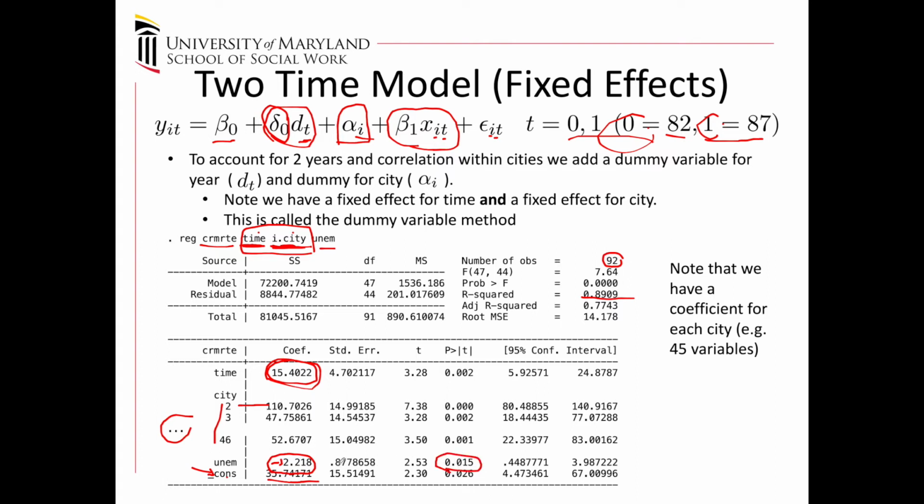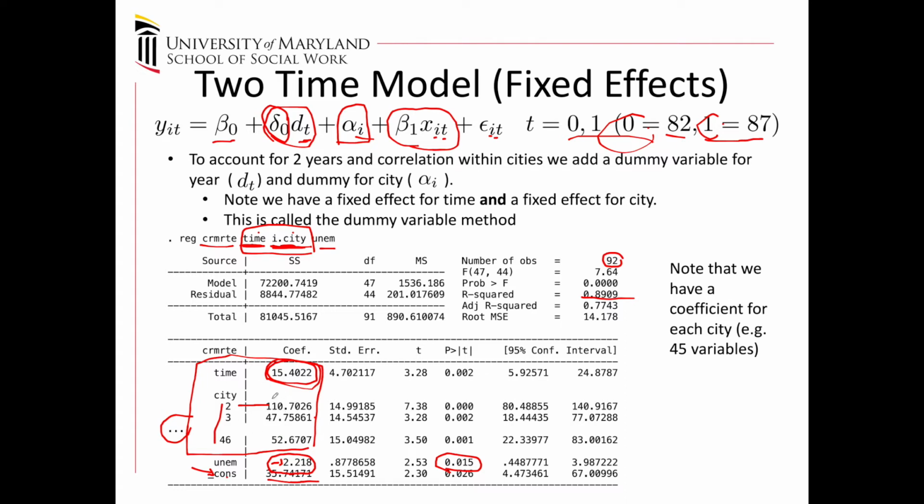So we have isolated the effect of time because what is essentially allowed here is each city at each time point is allowed their own intercept. Each city at each time point, and we just went through the means there, right?